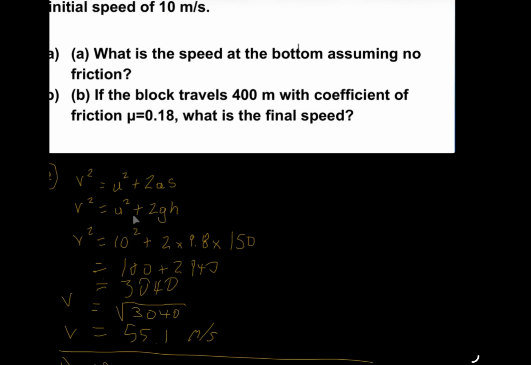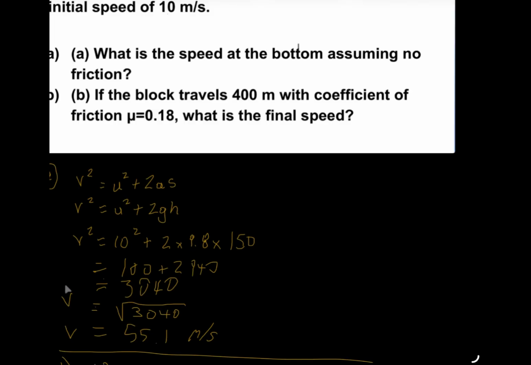Plugging in the numbers that we got, we had an initial velocity of 10, so u squared is 10 squared, 2, and g is 9.8, and h was given as 150. 10 squared is 100, 2 times 9.8 times 150 gives 2,940, so this will be 100 plus 2,940, that gives you 3,040.